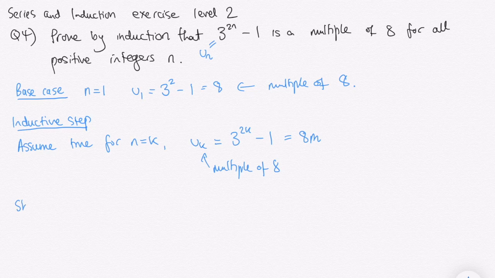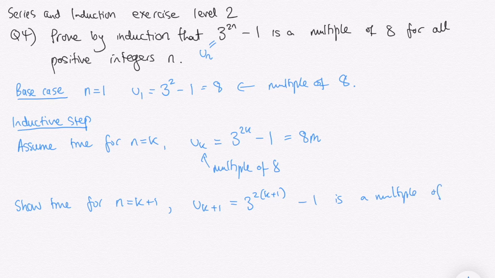And what do we want to show? Well, we want to show that it is true for n equals k plus 1, i.e. we want to show that uk plus 1, which is equal to 3 to the 2 times k plus 1, subtract 1, is a multiple of 8.